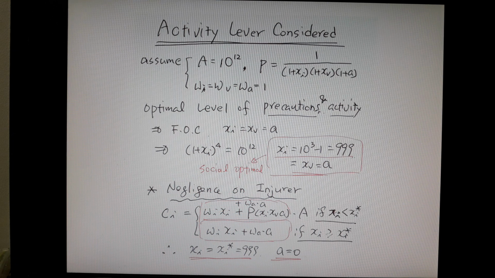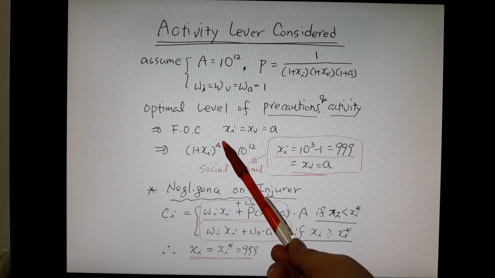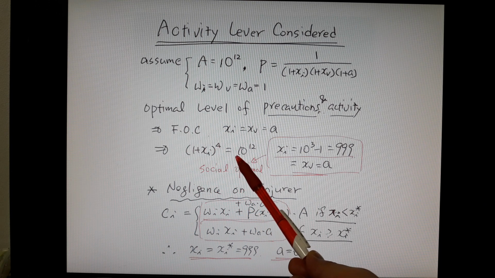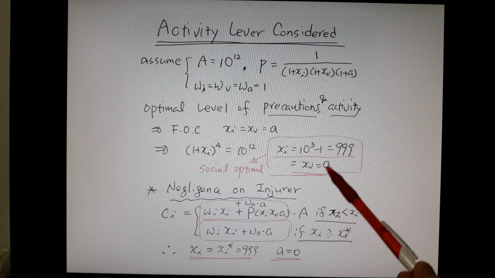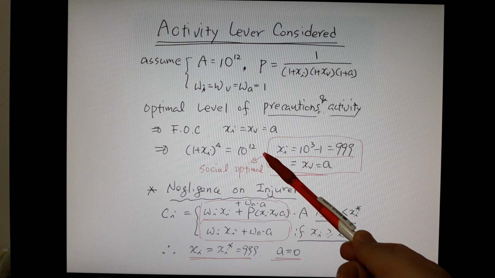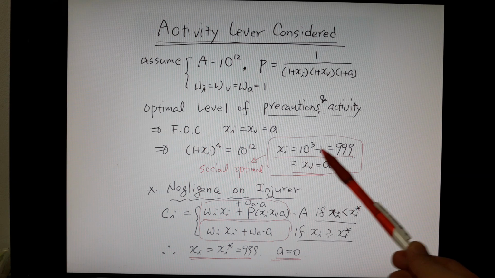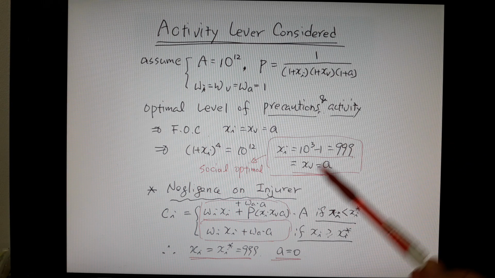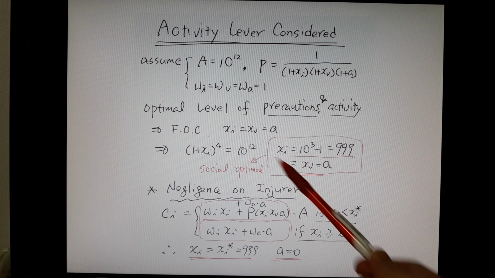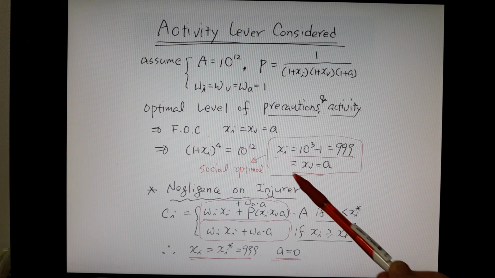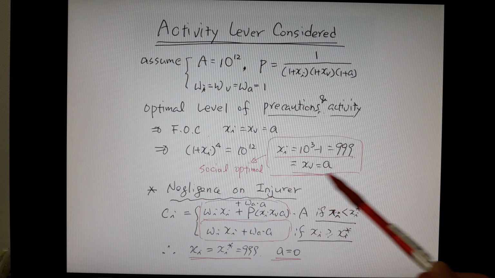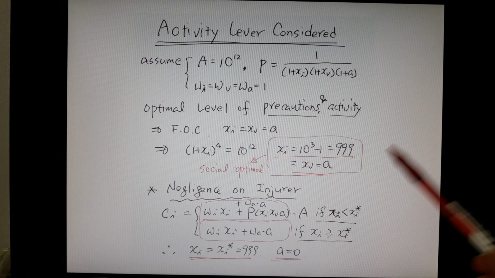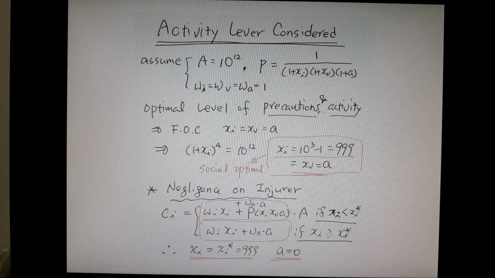But if you do that, the same way I did in the previous lecture, you will find out 1 plus xi powered by 4 would be equal to 10 powered by 12, which means xi should be equal to, you cancel 4 and 12, 10 powered by 3, so 999. But then we know that xv and a are the same as xi, so all of xi, xv, a, the optimal, all three of them should be 999 in our numerical example.